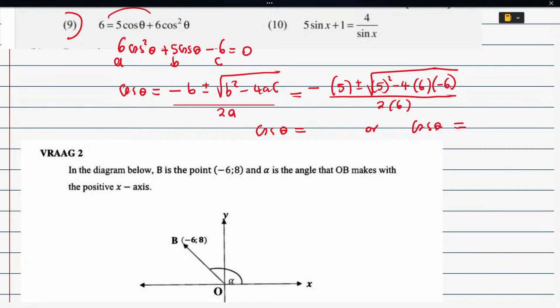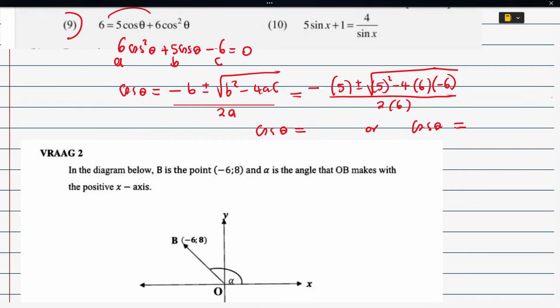Someone said the first one is 2 over 3. No, it's quadratic formula.